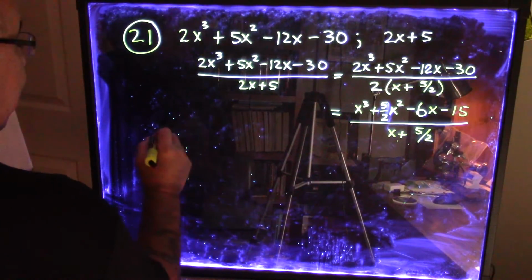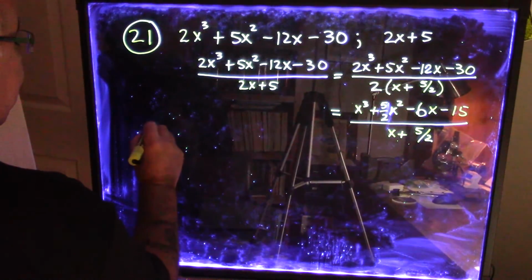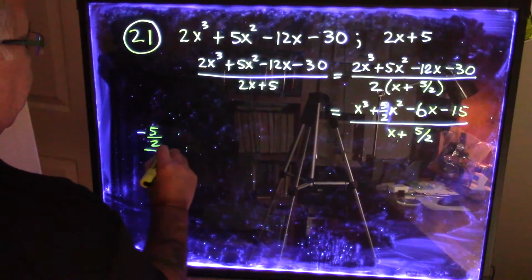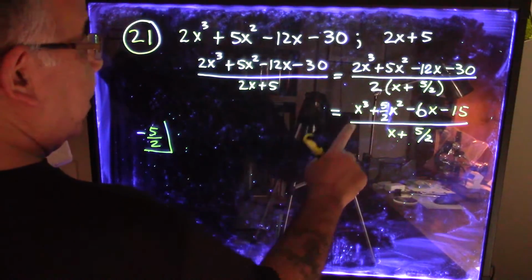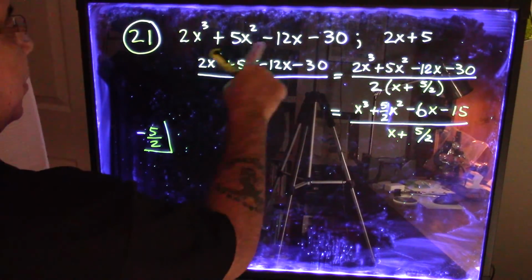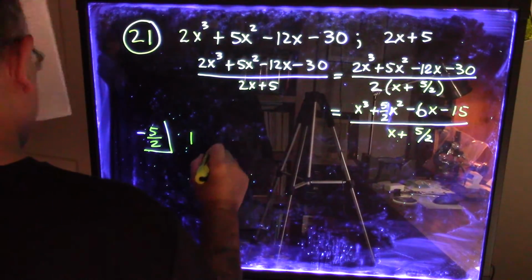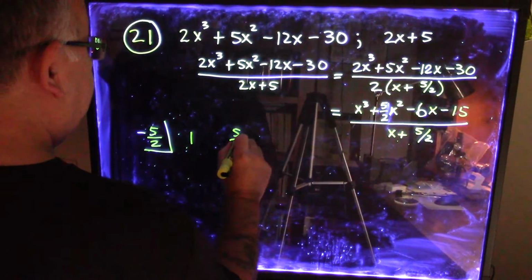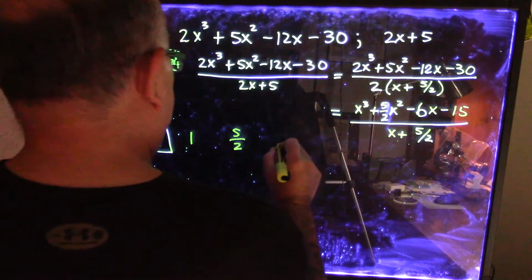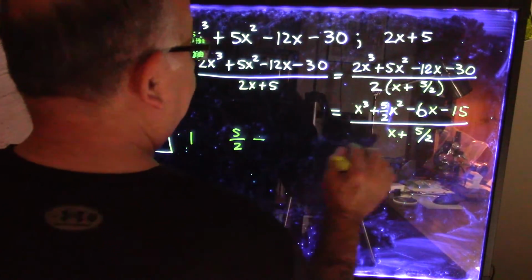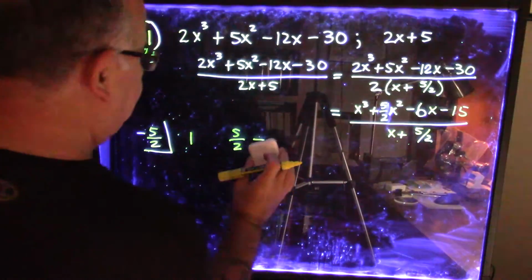So I write negative 5/2 up here. And the coefficients of this polynomial, not this one. All right. So you got 1, 5/2, negative 6. Oops. Need some space there.